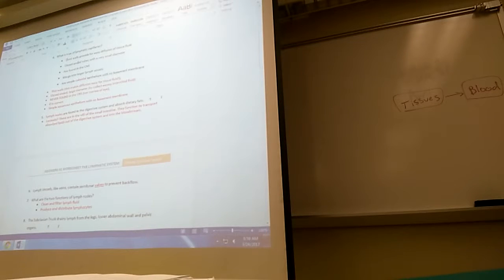So it's asking what is true. I got mixed up because I thought these red were fill in the blank. What is false is the thick walls, it's thin walls. Thin walls are the things that provide easy diffusion, because the thinner the wall is, the easier liquid can go through. Lymph capillaries are closed-ended tubes, but they have a very large diameter, unlike blood capillaries, which are very small.